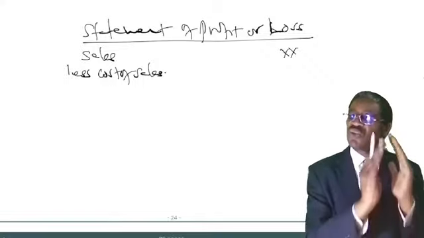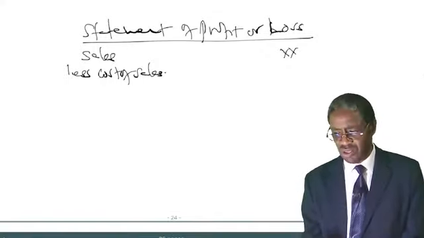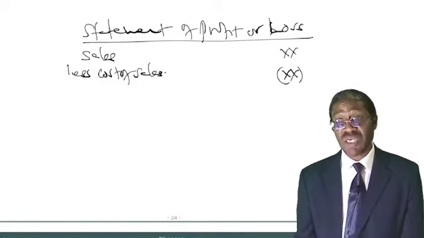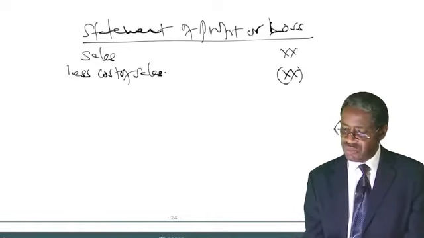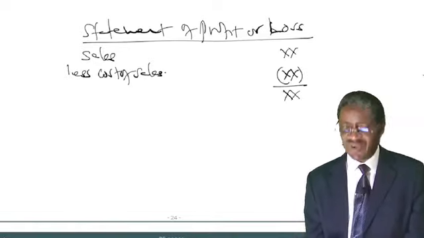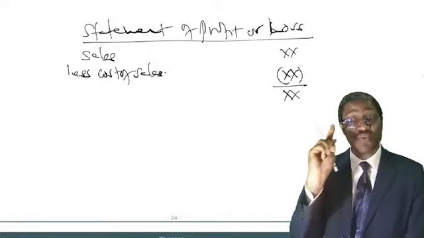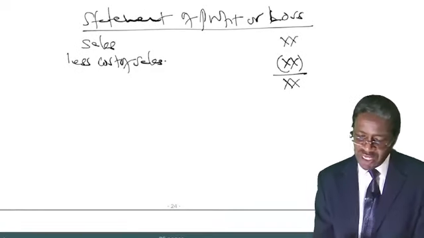Instead, do that calculation somewhere, then bring it as a single amount in the statement of profit or loss. Whatever the figure you will get, bring it as a single amount. That's one important point you should remember for publication purposes.